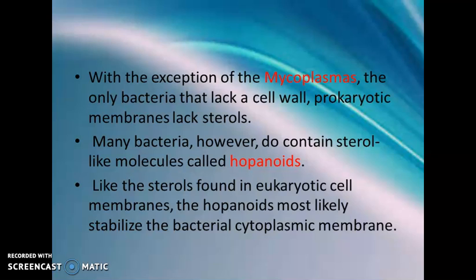These are similar to the sterols which are found in eukaryotic cell membranes. The hopanoids most likely stabilize the bacterial cytoplasmic membrane. So the bacterial cytoplasmic membrane is stabilized by a sterol-like molecule called hopanoids, and this molecule is absent in mycoplasmas.